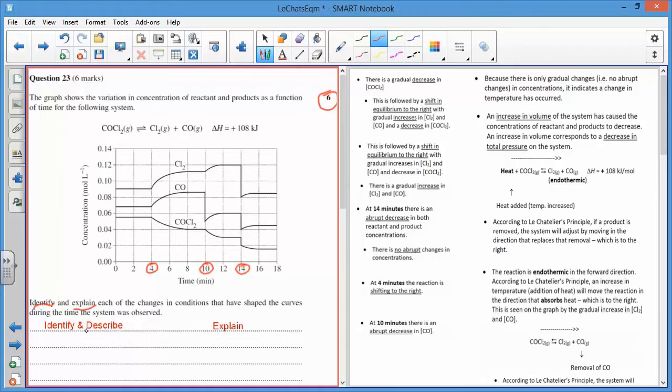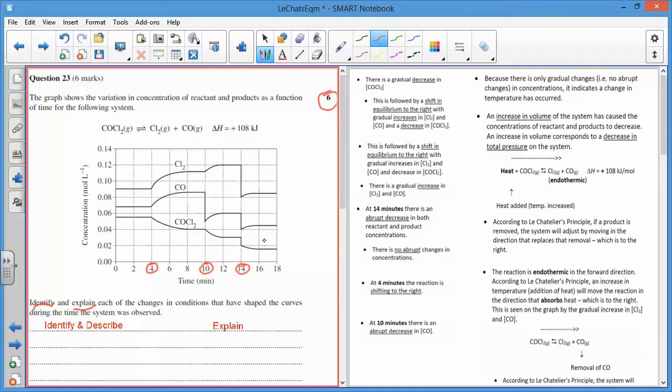To get the marks, just identifying all 3 changes will get you 1 mark. If you identify, say, the first change and are able to explain it, that'll get you 2 marks. If you can identify and explain two of these changes, you'll get 3 to 4 marks. And if you can do it for all 3, you'll get 5 to 6 marks.